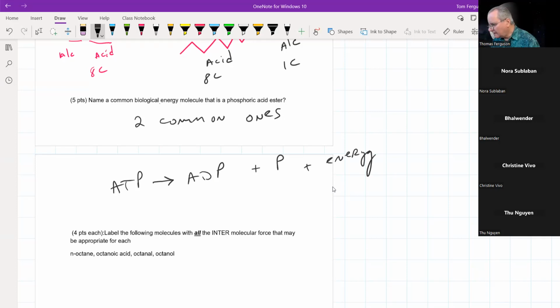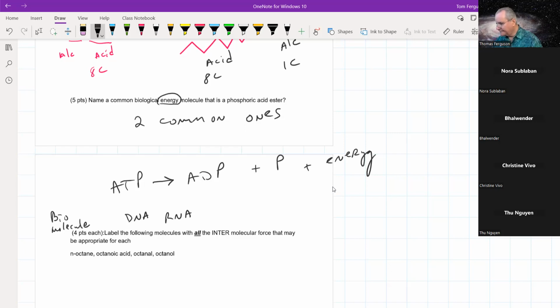And the key here was energy molecule. If I just said a biological molecule, you can mention the ATP-ADP pathway. We also mention DNA, RNA.